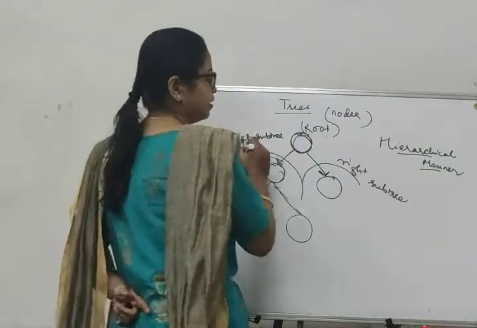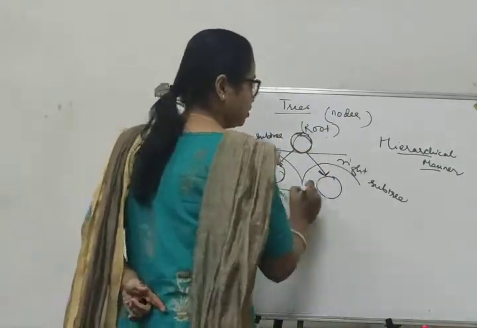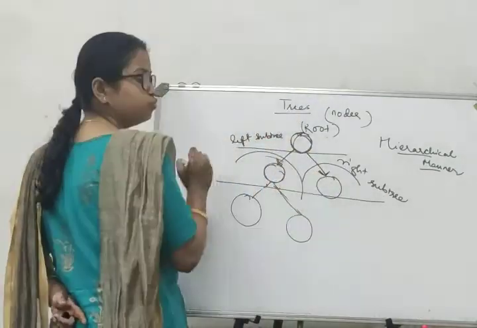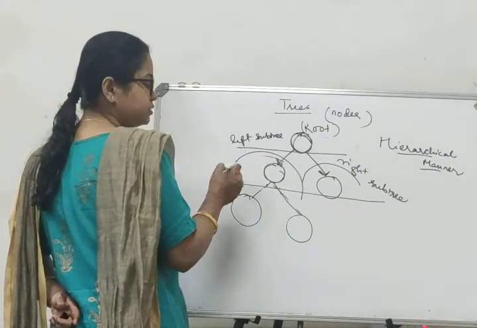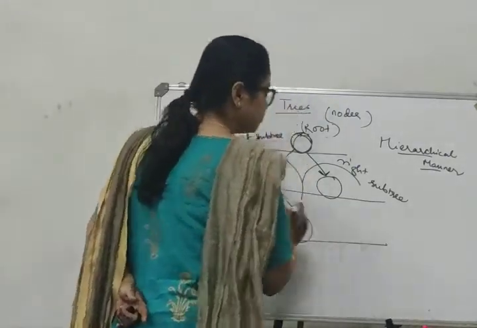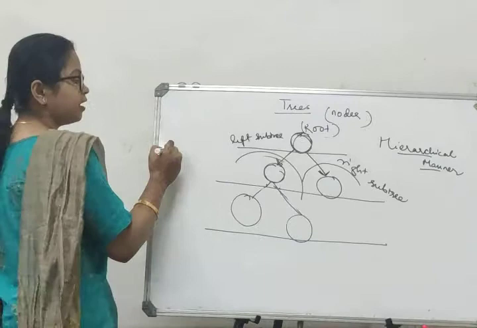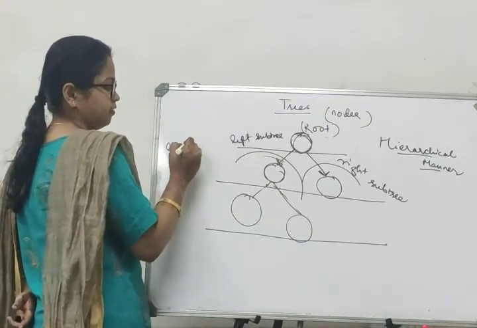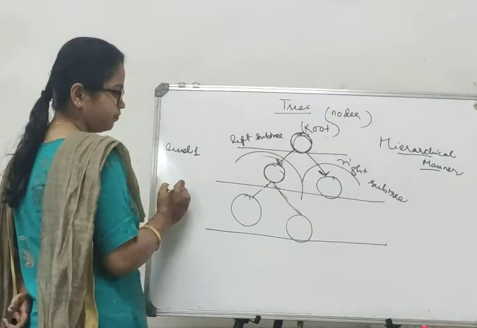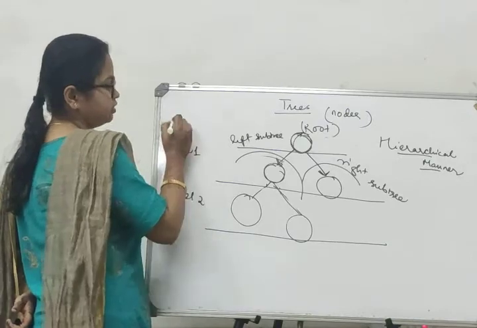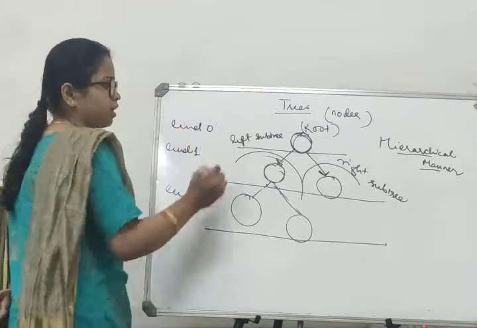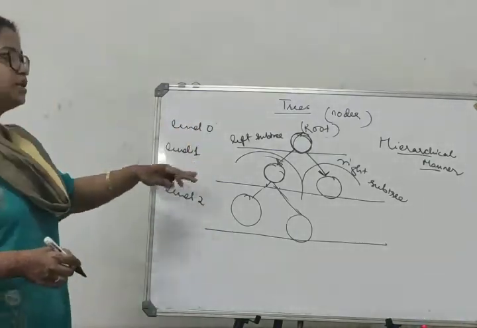Because there is a hierarchy. First there is the root, then these two child nodes, then this node. This hierarchy is labeled as levels. This is level 1, this is level 2, this is level 0. So these are termed as levels.